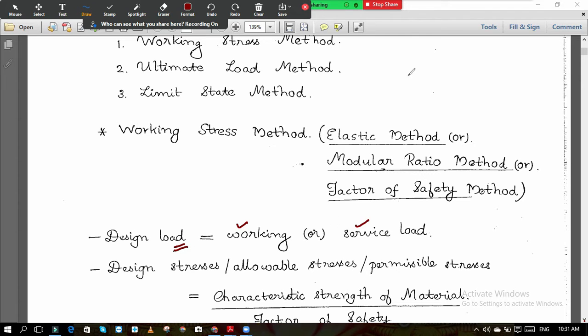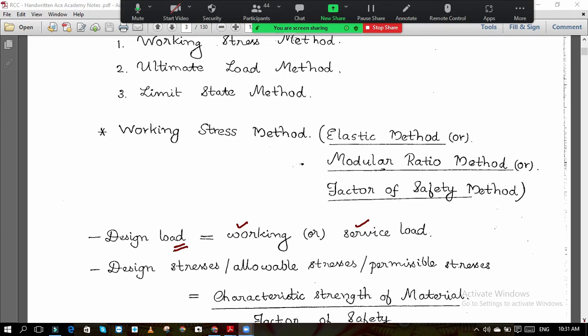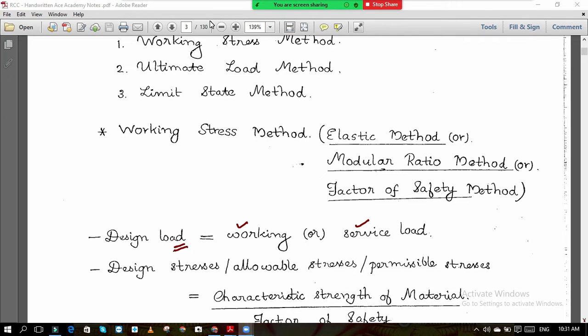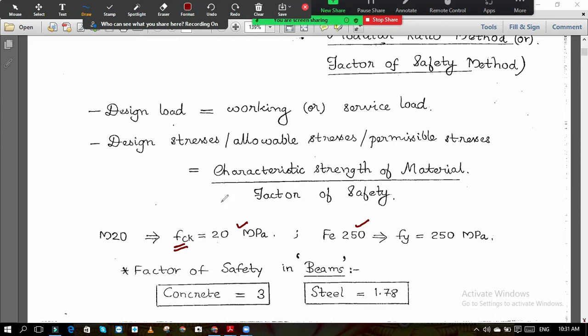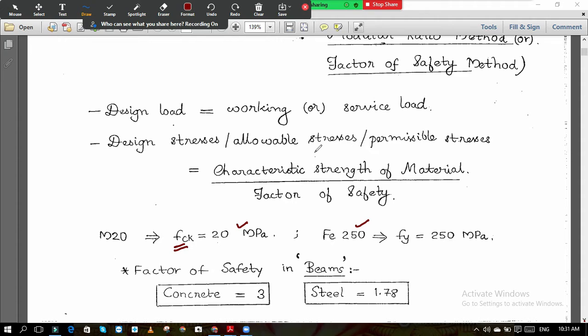Okay, so you take down these points as these are the important points. The design stresses are called the allowable stresses, permissible stresses. These words we have used several times, design stresses. How are those calculated?